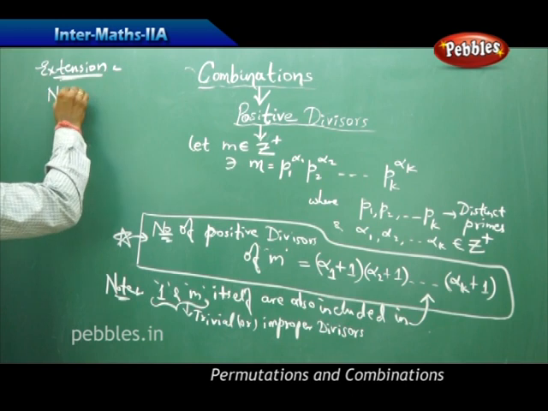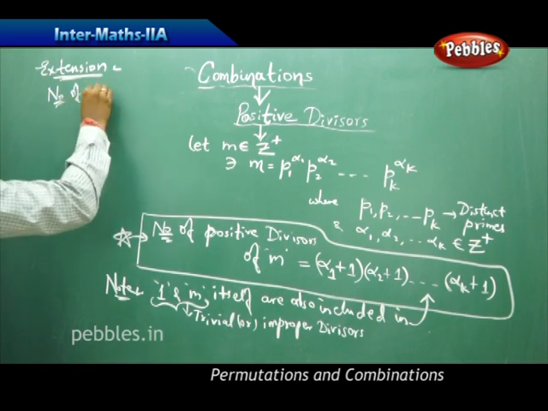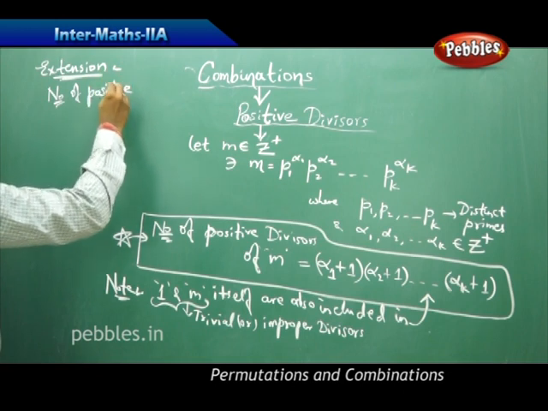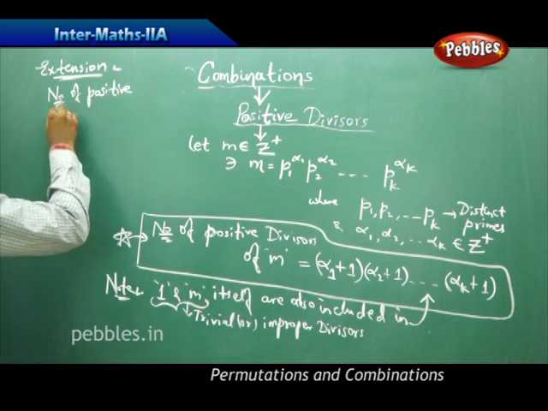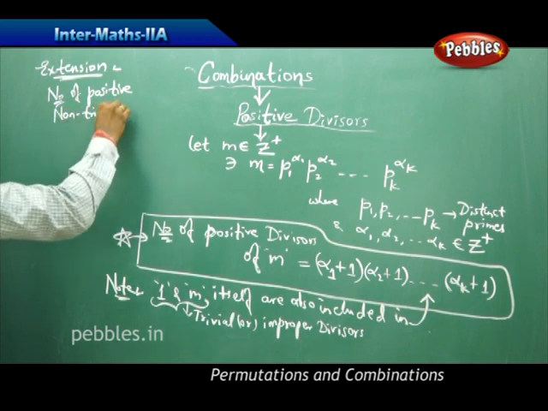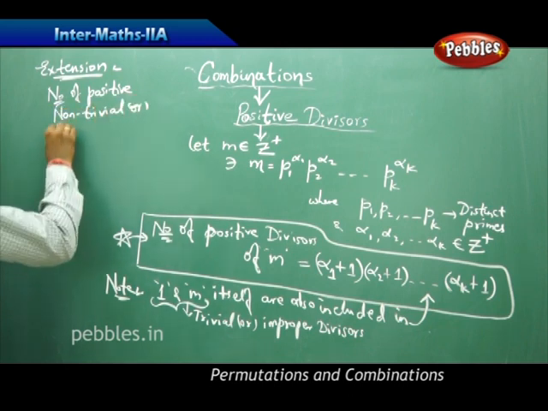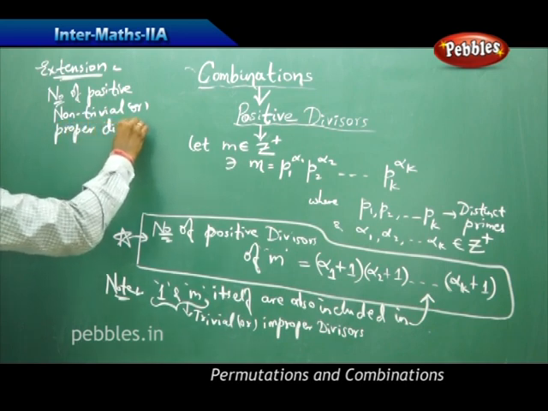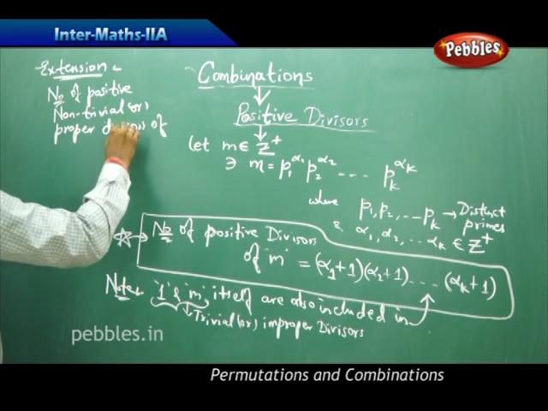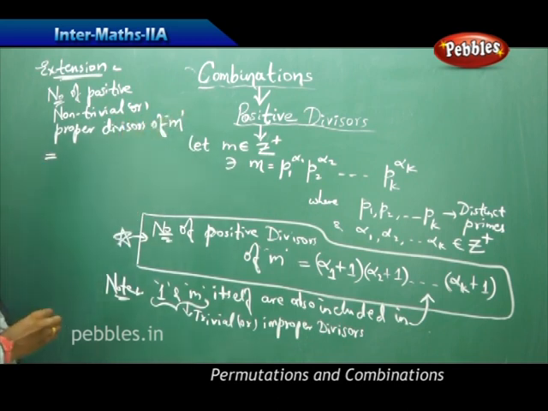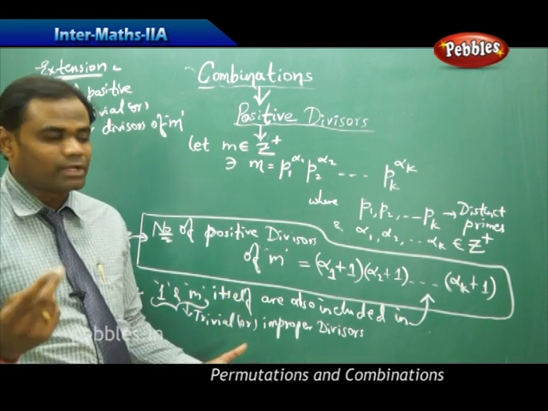the number of positive non-trivial or proper divisors of m is nothing but excluding 1 and m, which are 2 in number.